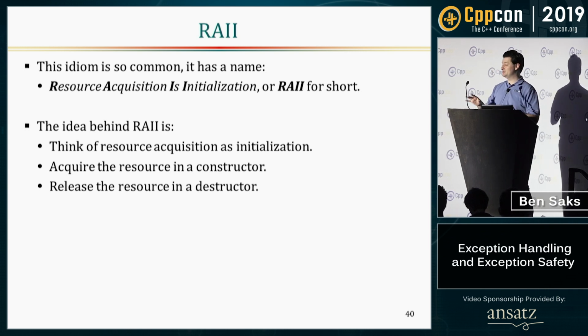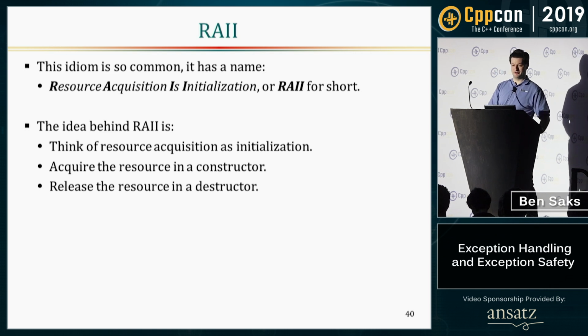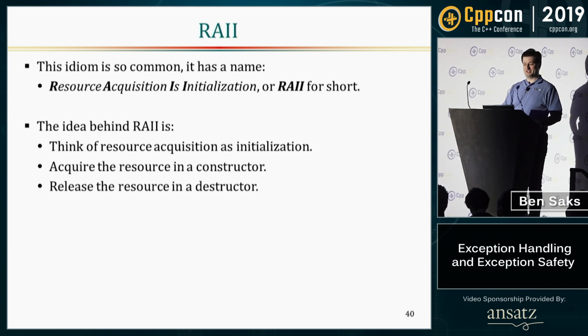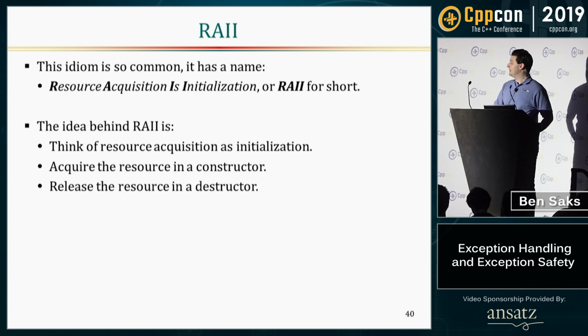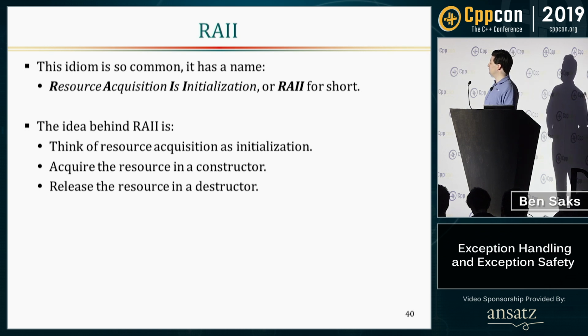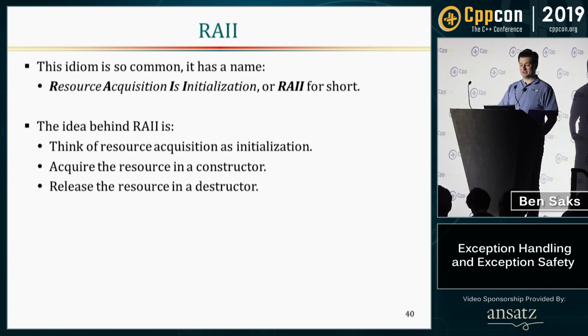Now, there was a whole discussion of RAII earlier in the program. Arthur O'Dwyer gave a very nice talk, also another Back to Basics talk, about RAII and the rule of zero. If you want more information about this, go ahead and take a look at that talk.